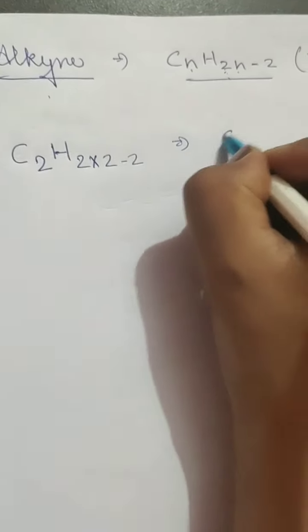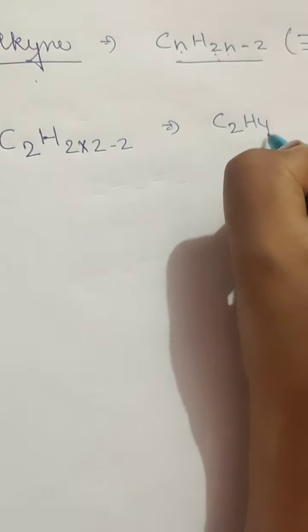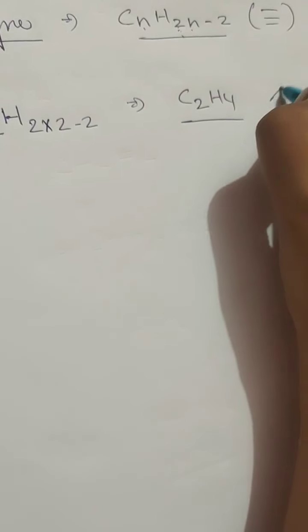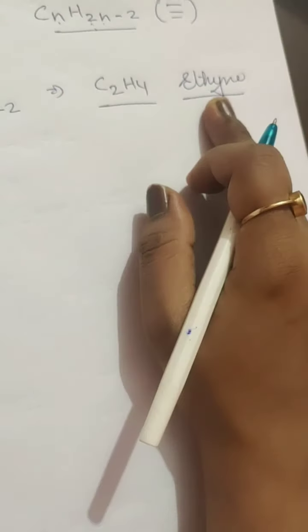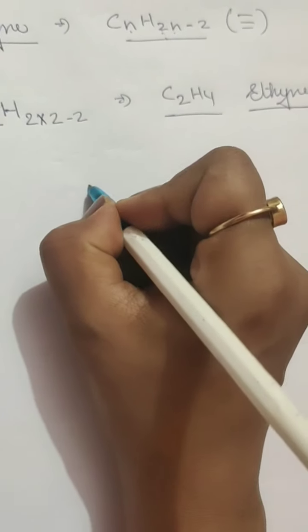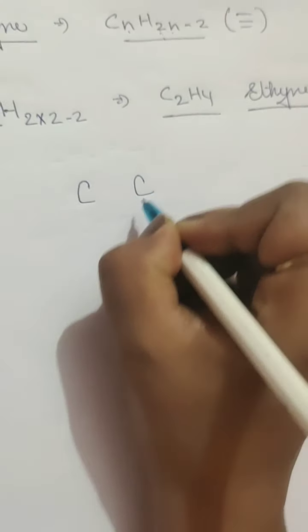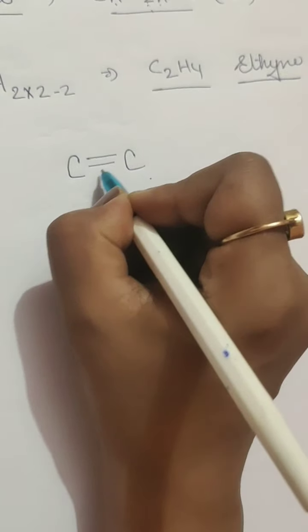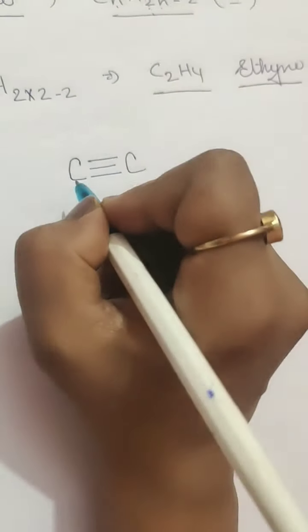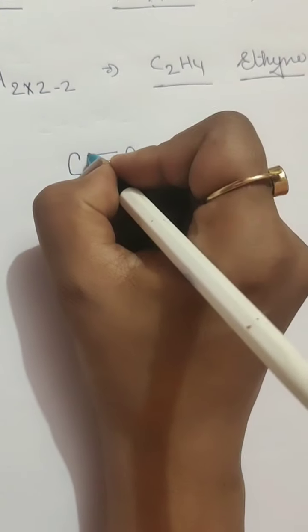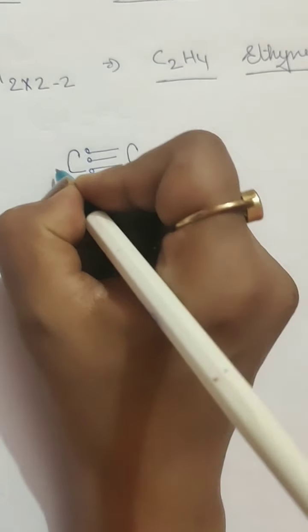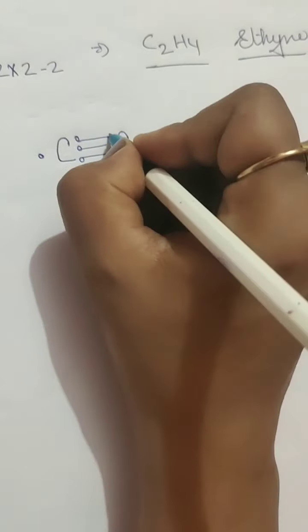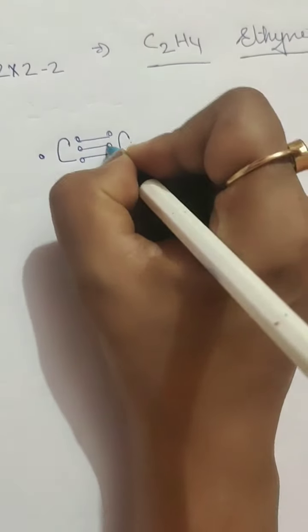It will become C2H4, which is called ethyne. If we expand this, it will be C and C. So 2 carbons, it means 2 carbon atoms. So it will have a triple bond. That means carbon has 4 electrons in its outermost shell. So 1, 2 and 3 here, and 1 is left here. Because 4, this will also have 4 electrons.